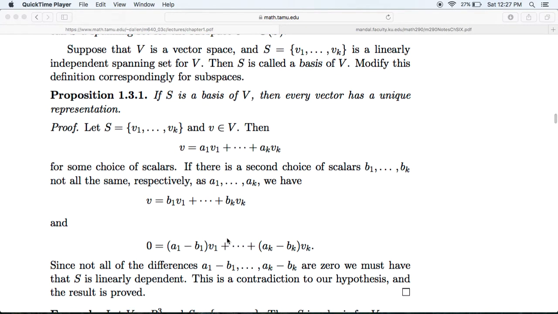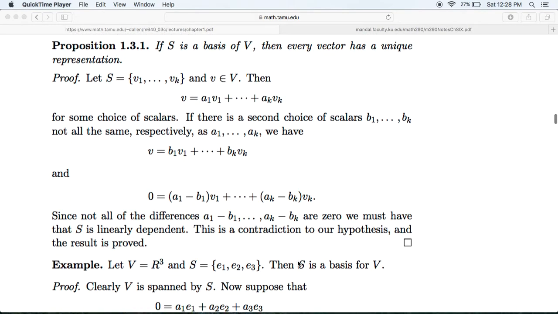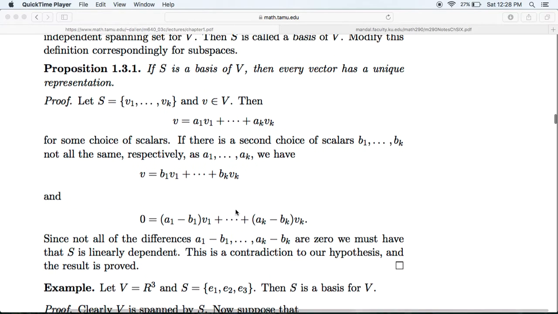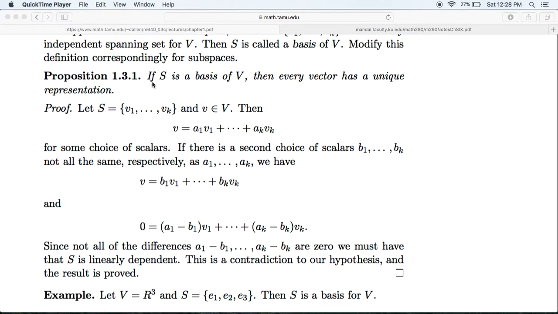Now if we subtract these two expressions, we get 0 on the left hand side and (a1 minus b1) times v1 plus ... (ak minus bk) times vk. Now we know that S is a basis, so S is linearly independent.